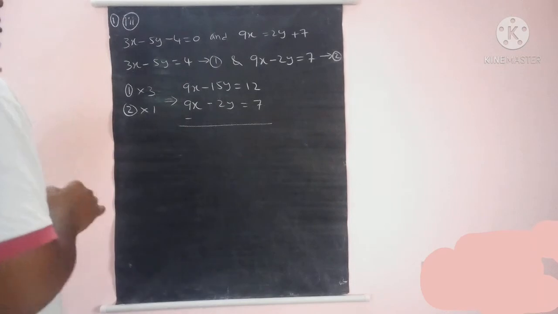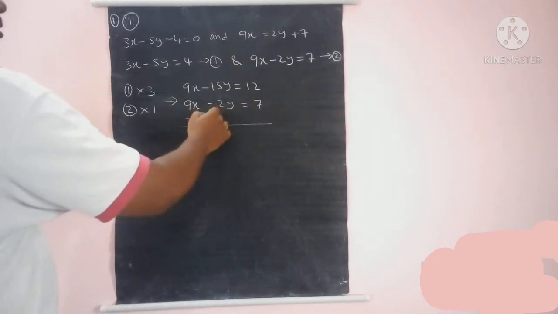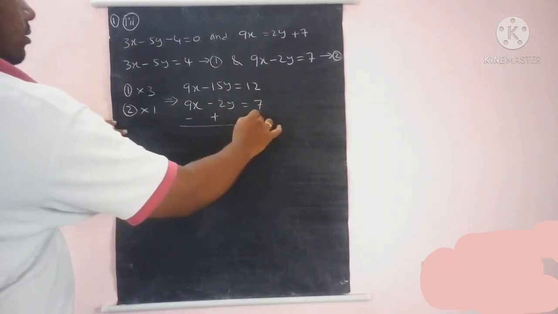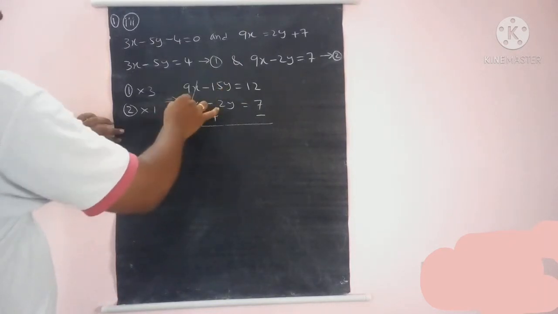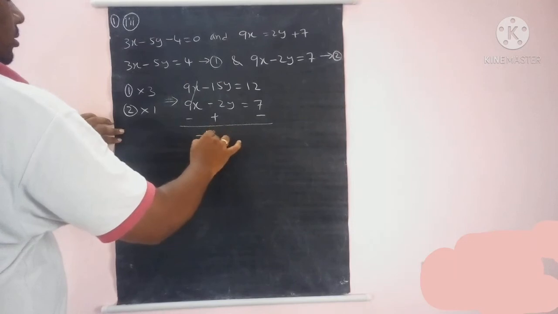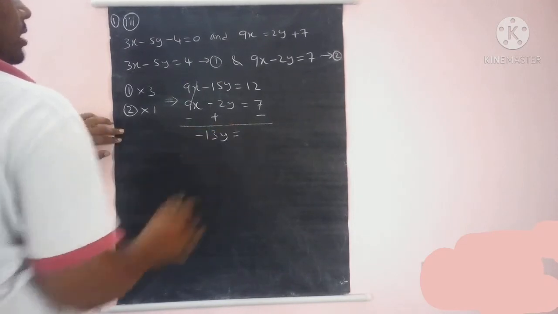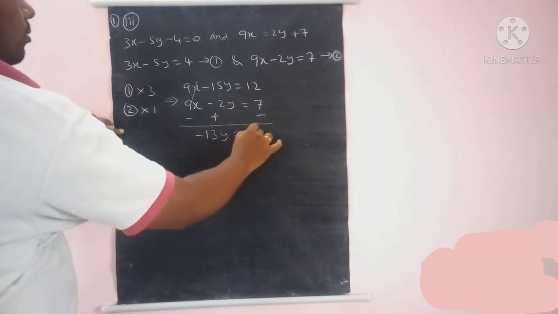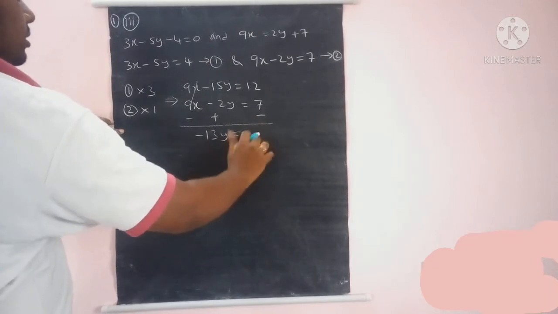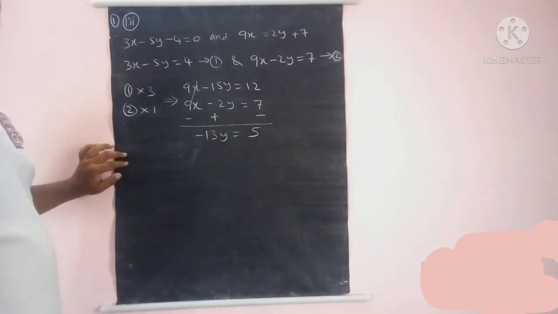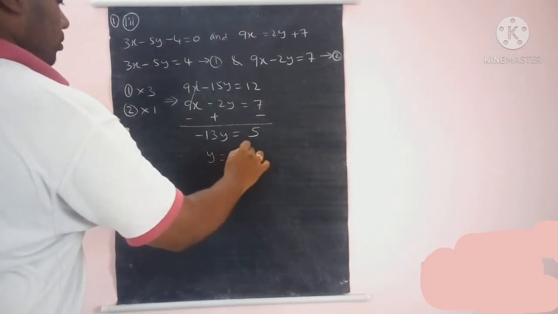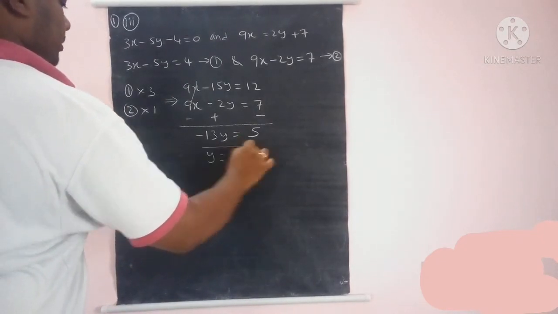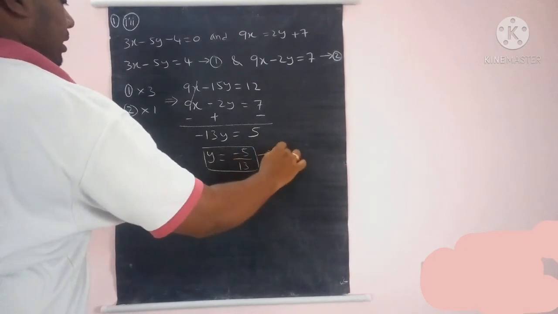So minus, plus minus. So this will eliminate. Minus 13y equals plus 5. So y equals minus 5 by 13. Let it be 3.